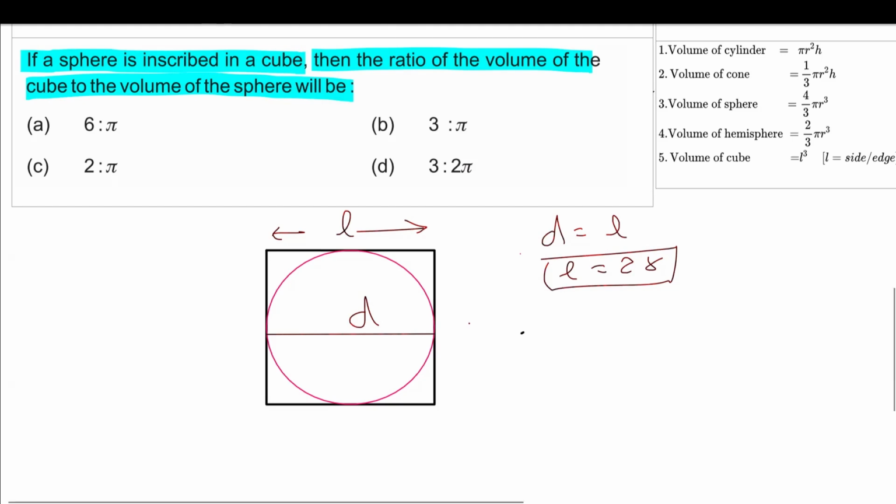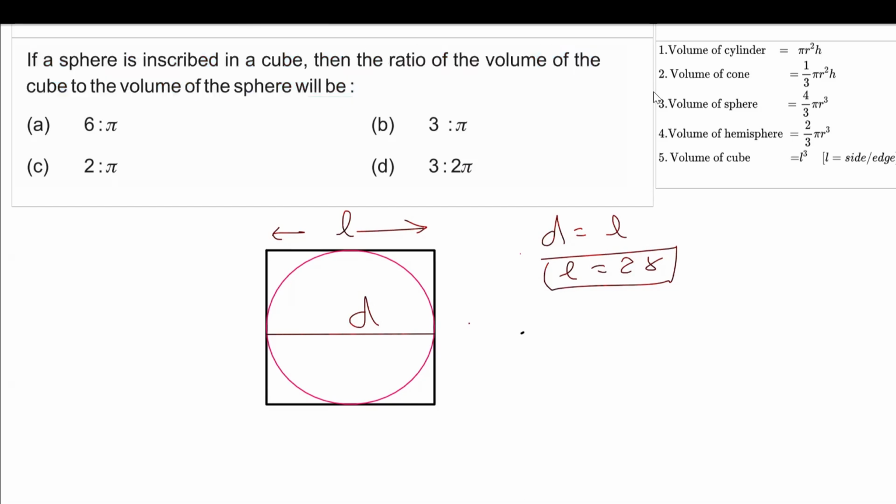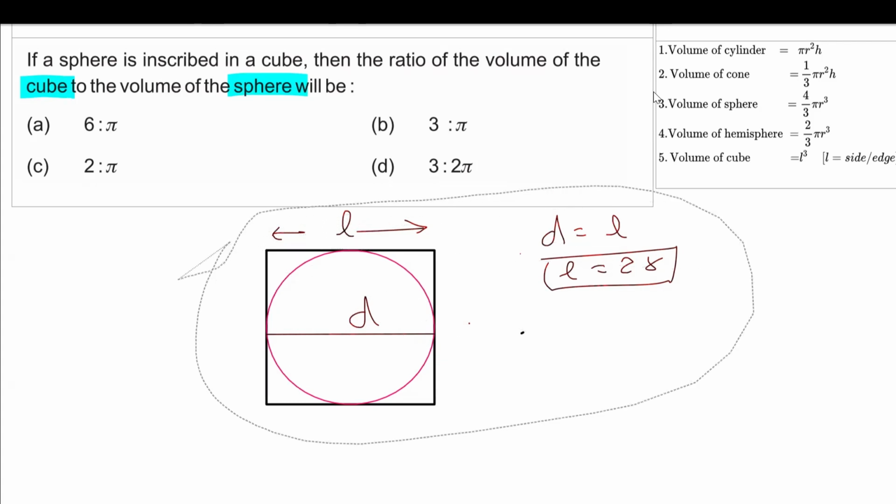Now what we have to find out is the ratio of the volume. They are asking specifically the ratio of the volume of the cube to that of the sphere. So the cube will come first and then the sphere.